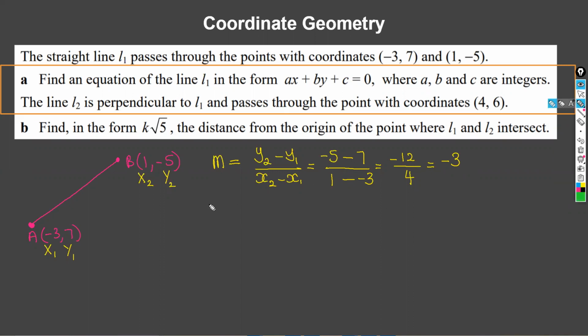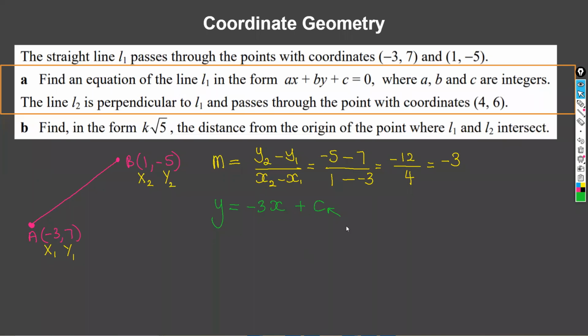We know y is equal to -3x plus what? C. So you need to find C now. To find C, you need to choose any 1 point on the line. So you can either choose A or you could choose what? B. So find C now.